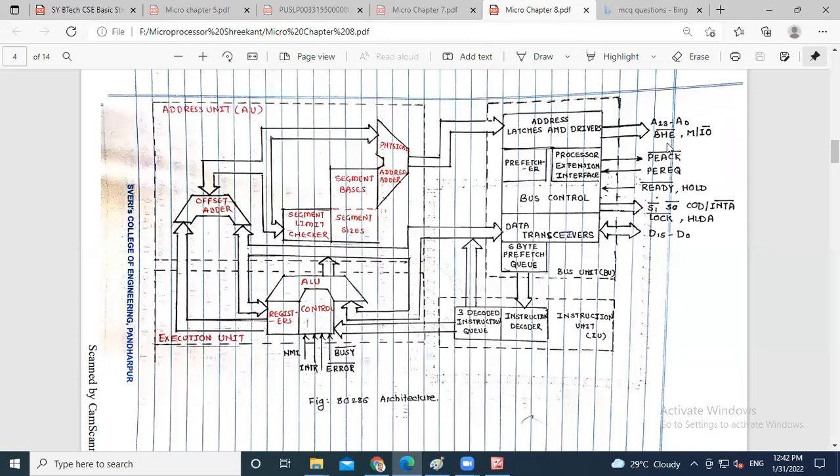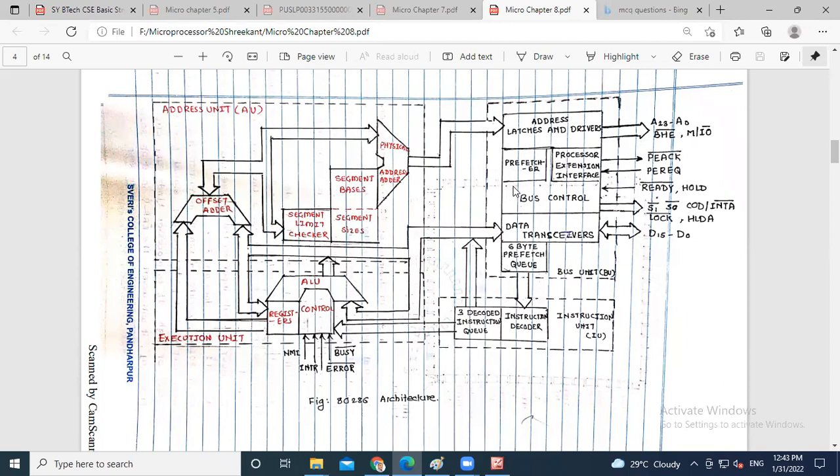And the prefetcher with the processor extension interface, processor extension acknowledgement and processor extension request. For the ready state, if the data is ready, it goes to the hold and hold acknowledgement.